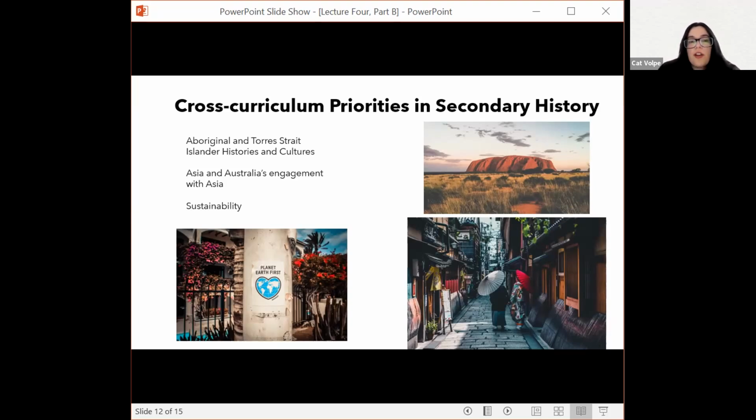That's one of the points and criticisms that was made about Aboriginal and Torres Strait Islander histories and cultures. Or is there some other point that resonates with you about these cross-curriculum priorities in secondary history?